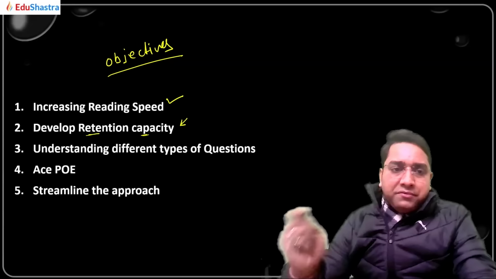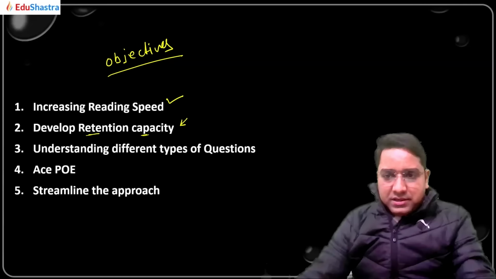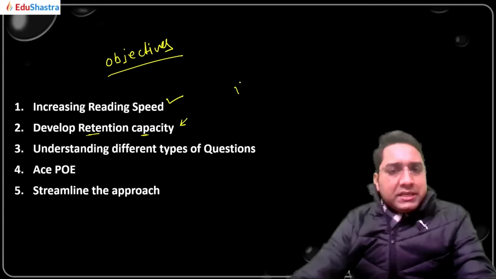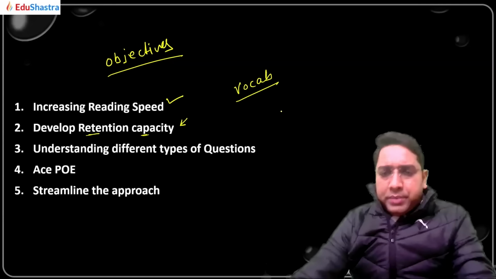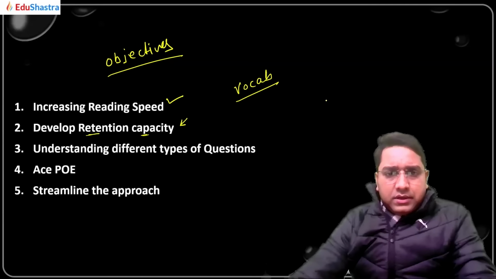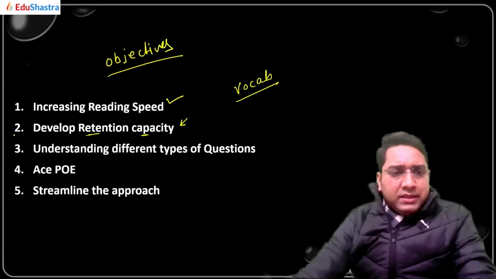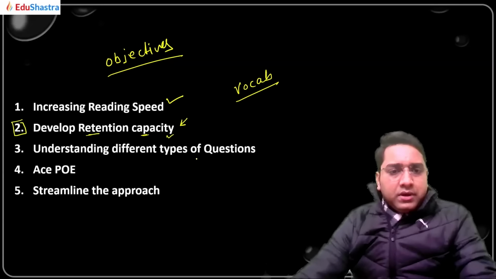The moment you learn the fourth thing, the first is vanished. Does this happen with you? Whether it is in vocabulary or any other topic or subject, does this happen with you? Right? That is the most important thing, according to me, that if you are not able to retain things, then there is no use of anything.